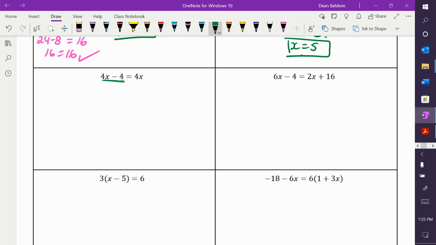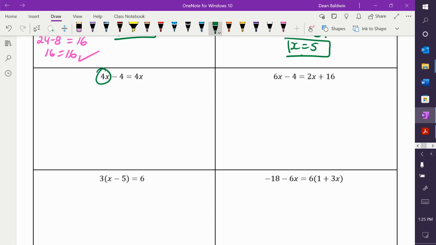The right side is this. There's no like terms. Okay, so now we need to get all your x's to one side. What side do you want to move them to? The right side. Okay, so how do you get rid of this 4x here?